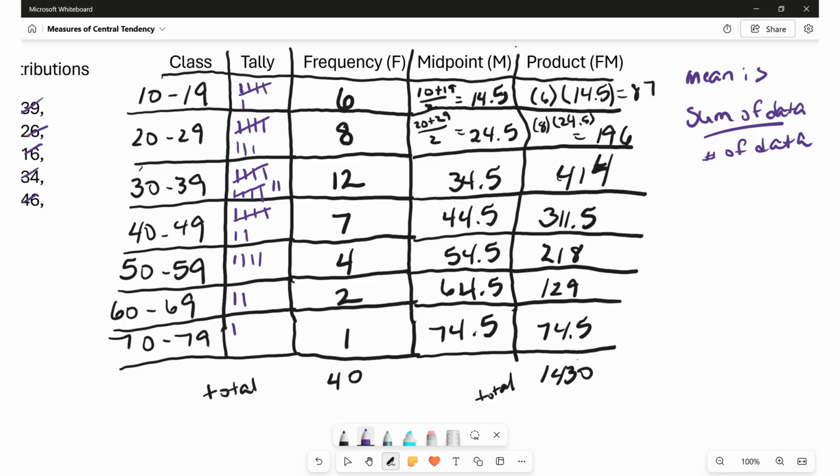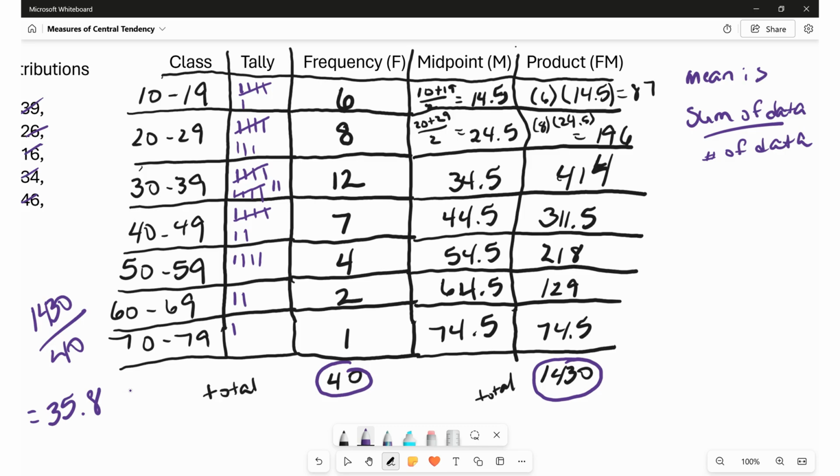Well, we just got the sum of the data to be 1,430, and the number of data is 40. So we can put into our calculators 1,430 divided by 40, and that would give us a mean of 35.8 as the mean of this data set.